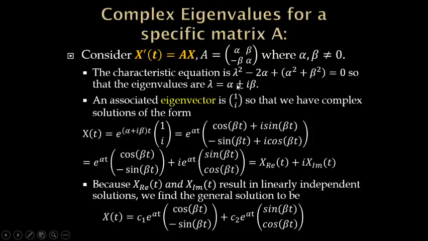When you substitute that in to find the eigenvectors, so alpha minus i beta, and then down here you'd have alpha minus this, then you'll have a relationship so that you'll get v1 is equal to i v2. So in this particular form, your eigenvector will be in this case.